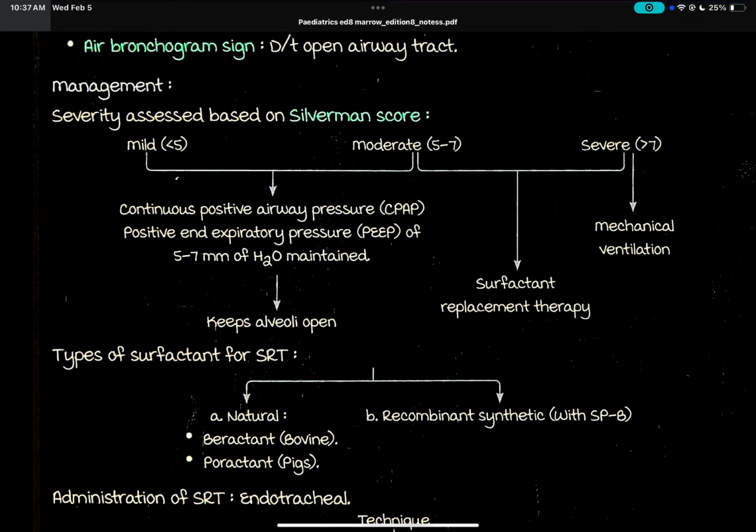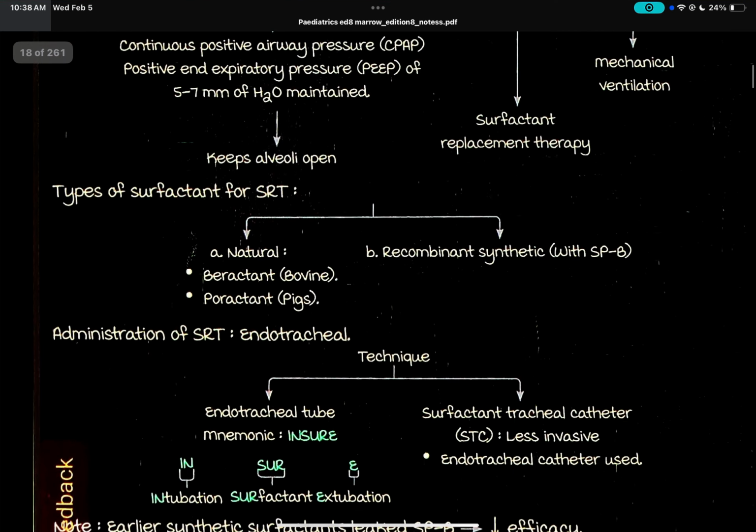CPAP is continuous positive airway pressure, and PEEP is positive end expiratory pressure of 5 to 7 centimeters of water, which is maintained. It will keep the alveoli open. In moderate to severe, you give surfactant replacement therapy, and in severe, you give mechanical ventilation.